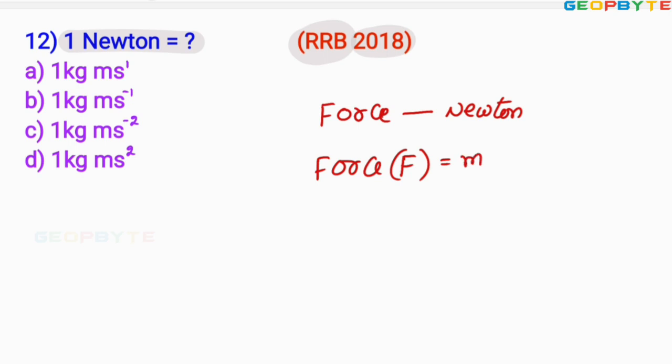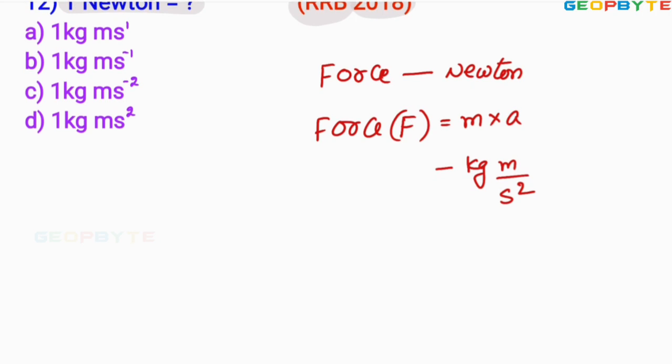mass times the acceleration. Mass is in kg, acceleration is in meter per second square. So 1 kg meter per second square is equal to 1 Newton.